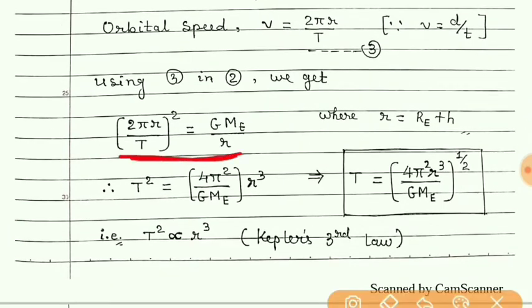So this is obtained after comparing these two equations. Now simply open this bracket and make T square the subject. After opening this bracket, if you make T square the subject, then you will get this equation.